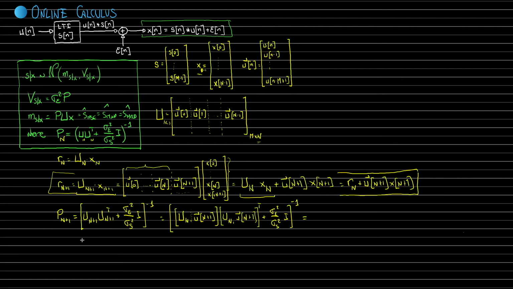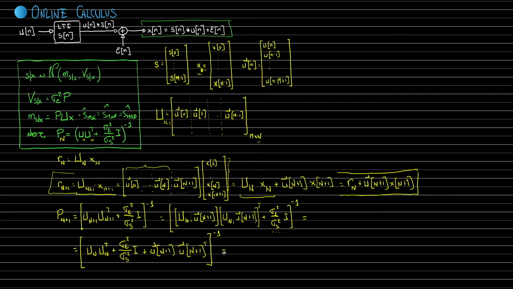And this can be written as un times un transpose, which is the first term in the product here, plus sigma epsilon square divided by sigma s square times the identity matrix, which is the last term here, and plus u at time n plus 1 times u at time n plus 1 transpose. And we must compute the inverse of this.